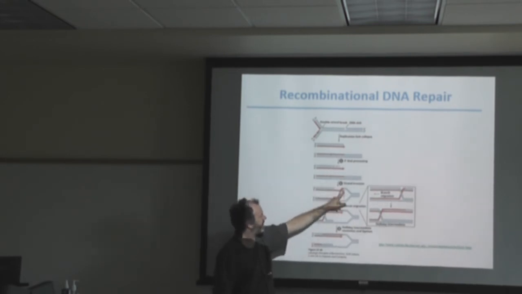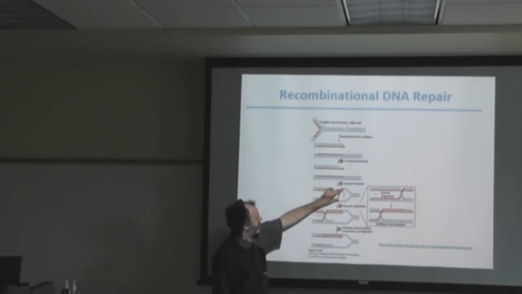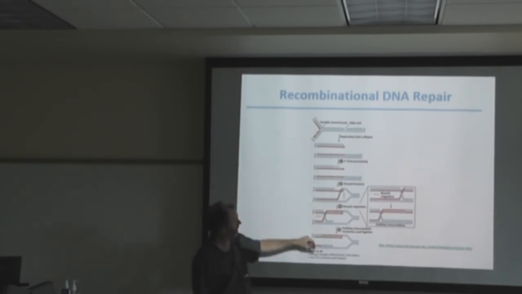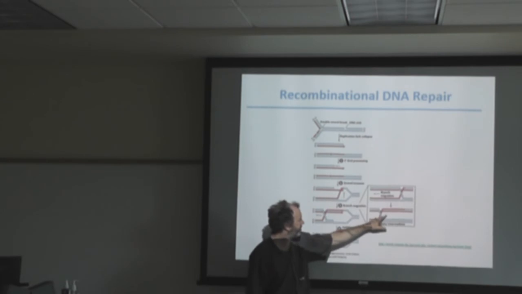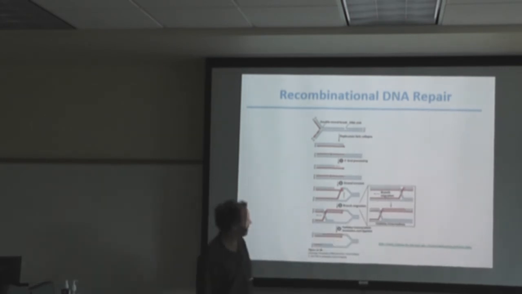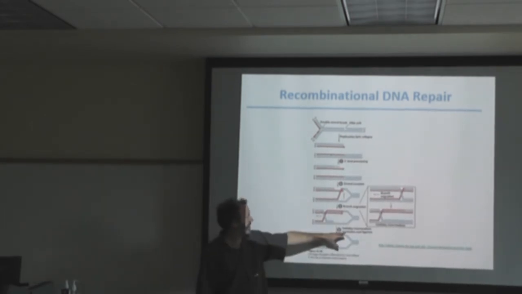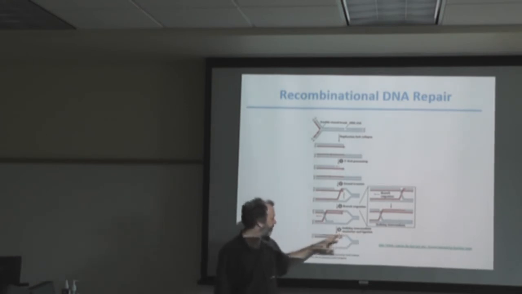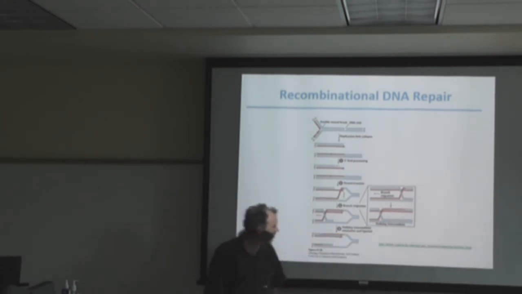Once you get strand invasion, this branch will migrate, and you can form this Holliday junction. After branch migration, Holliday intermediate resolution and ligation will occur, and you can continue on. And there's a better movie showing you the Holliday junction than that figure.